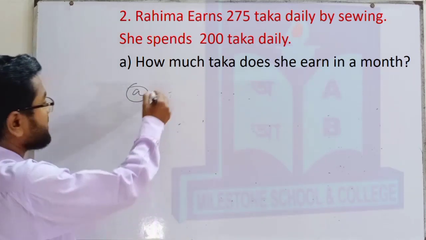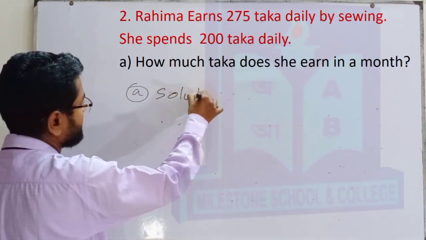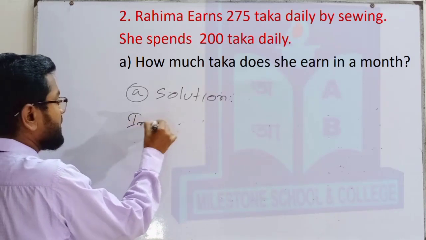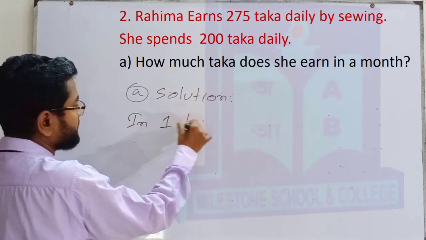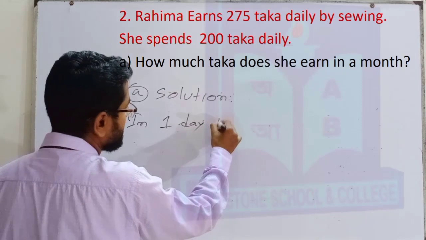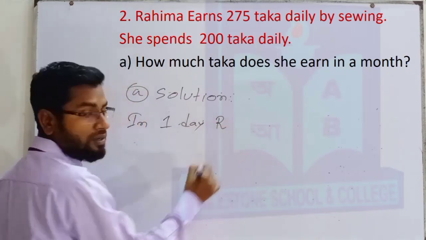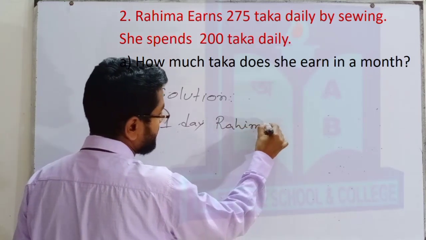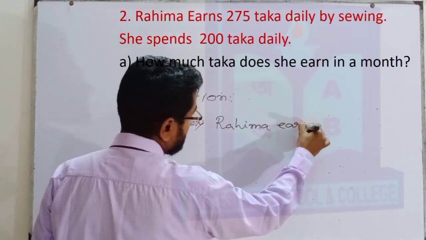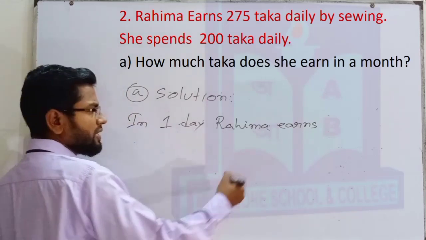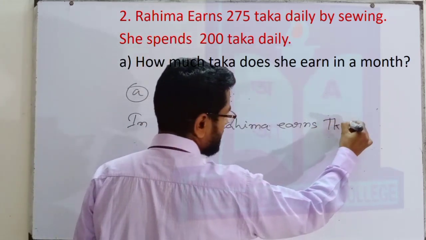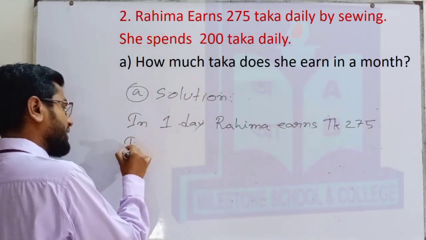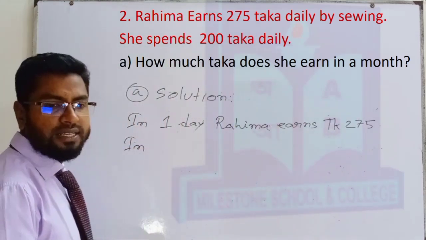We will write the solution. In one day, who is this girl? Rahima earns how much taka? Taka 275. Now second line, in how many days?